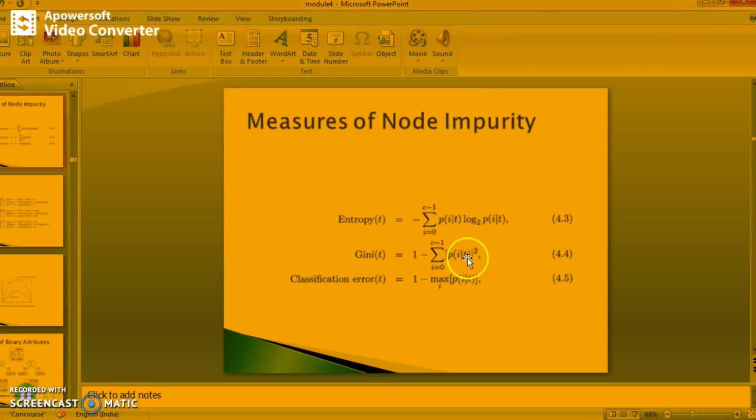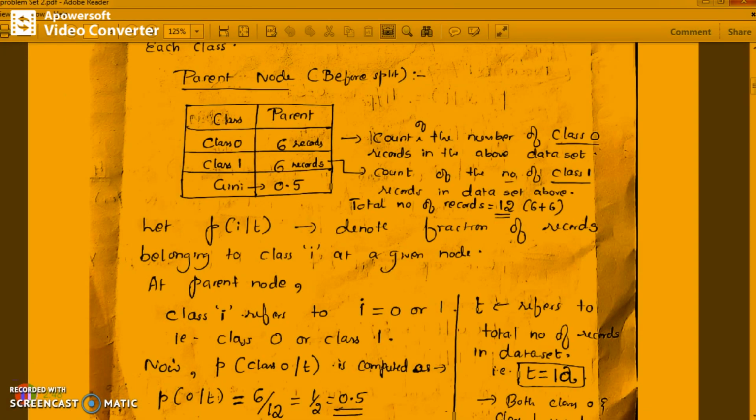So that means the fraction of records belonging to class i, the fraction of records belonging to class 0, or the fraction belonging to class 1. Sigma indicates the summation, right? So P of i t represents the fraction of records belonging to class 0 plus the fraction belonging to class 1. We'll see how to calculate the fraction of records.